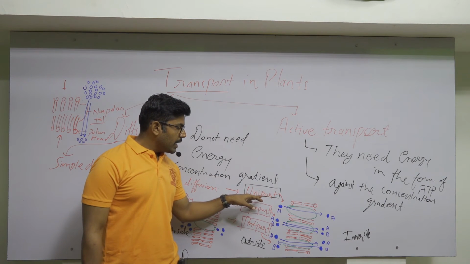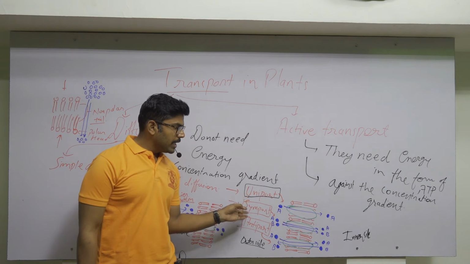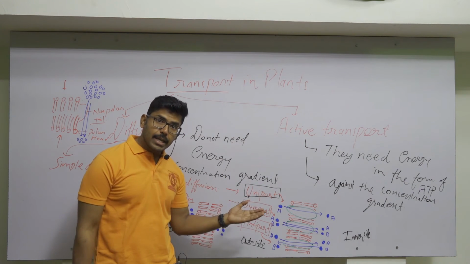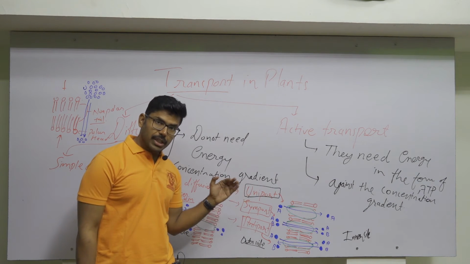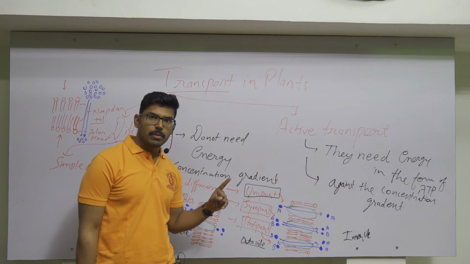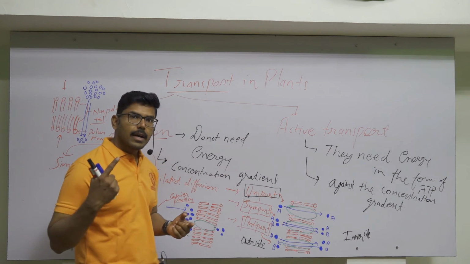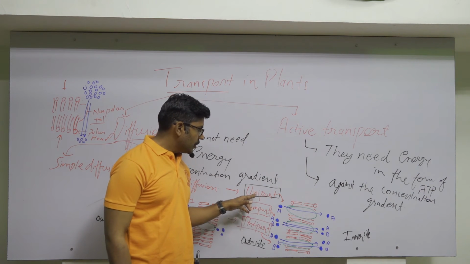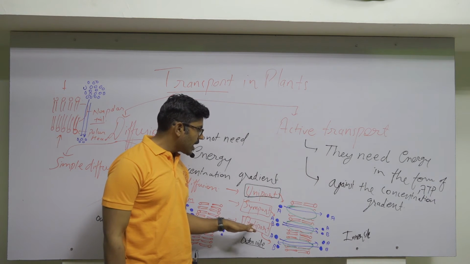In uniport, only one molecule will be transported from the outer side to the inner side according to its concentration gradient with the help of the carrier protein. Only one molecule in one direction, that is uniport. Then symport and antiport.